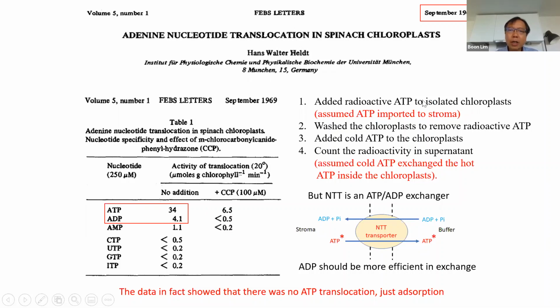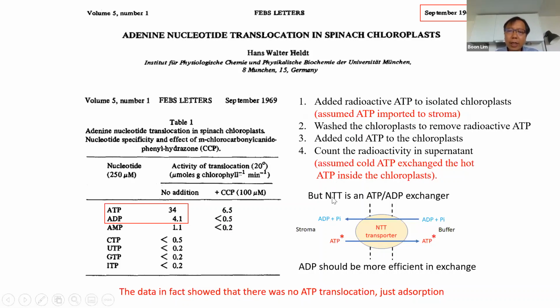He assumed that the ATP had been imported into the stroma, and then he washed the chloroplasts to remove the radioactive ATP outside of the chloroplast and then added cold ATP. Then he counted the radioactivity in the supernatant, assuming that the cold ATP could exchange the hot ATP inside the chloroplast.